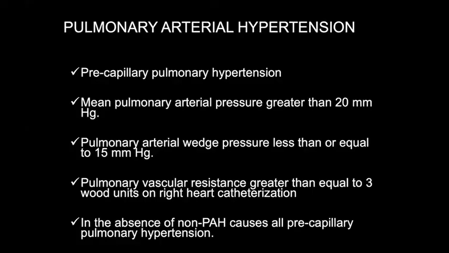The patient should not have a blood clot or the other causes, such as myeloproliferative disorders, storage disorders, kidney failure, volume overload, or fibrosing mediastinitis. So you rule out all these, along with having all the characteristics of PAH, pre-capillary pulmonary hypertension, and you diagnose that this patient is group 1 pulmonary arterial hypertension.